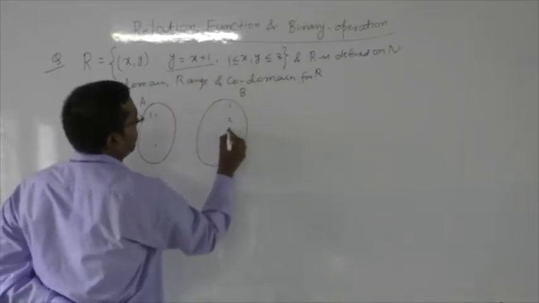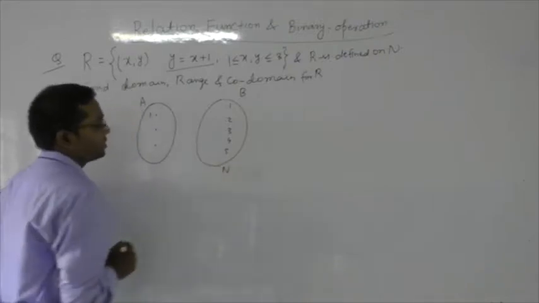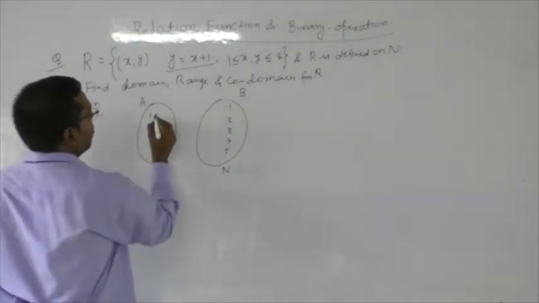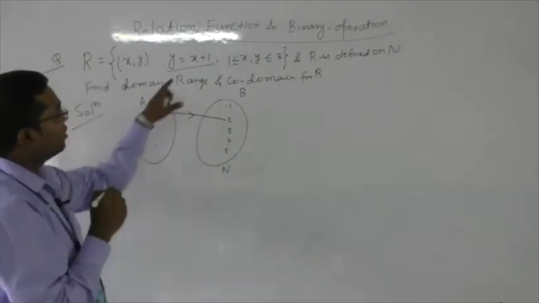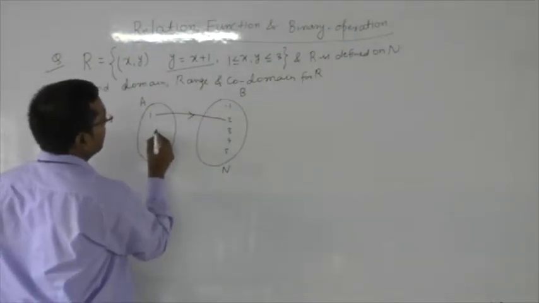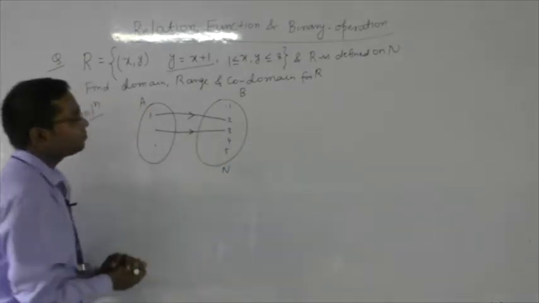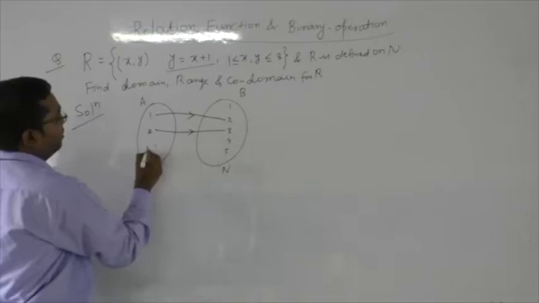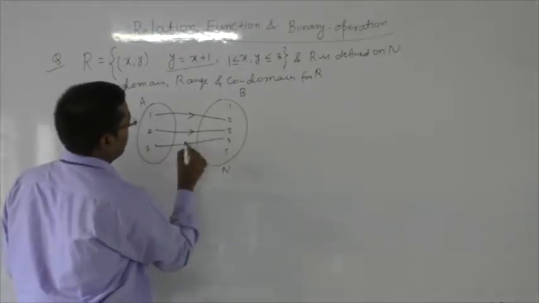Suppose we have 1, 2, 3, 4, 5, and so on, all natural numbers. Now 1 is related to 2. Now put x equals 2; 2 will be related to 3. Now if we take 3, that will be related to 4.